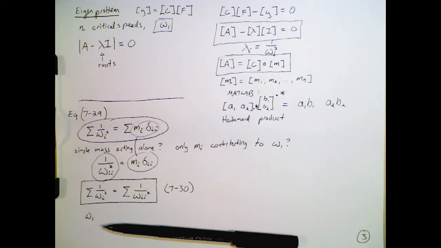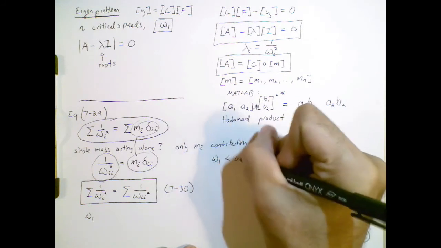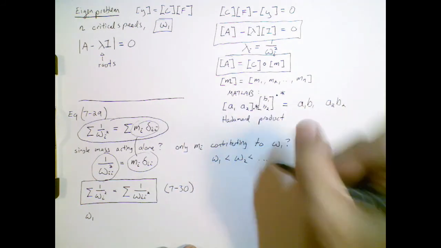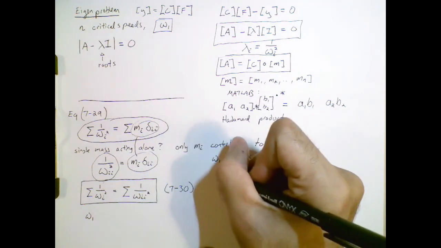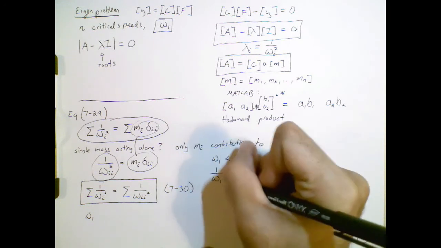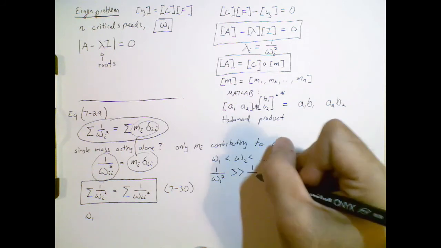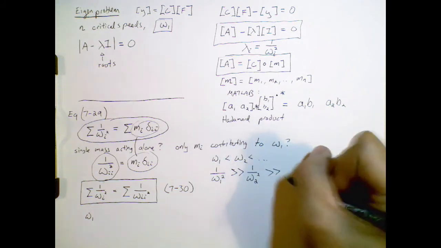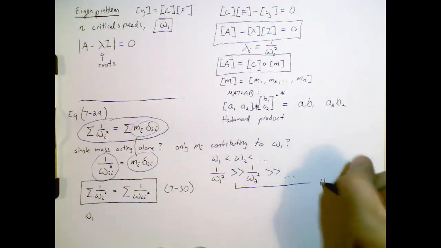We can make an assumption that if we have ordered all of the critical speeds such that omega 1 is the smallest critical speed, and if there's enough space between these critical speeds, then we can say that 1 over omega 1 squared is going to be significantly larger than 1 over omega 2 squared, and so on. Now, we can think of these as higher order terms.